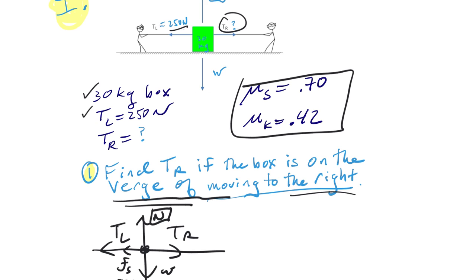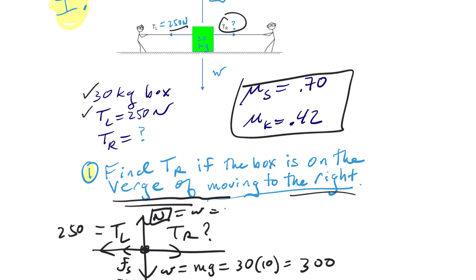So we're looking for TR. We got TL is 250, that's given. The weight is equal to the mass times g, acceleration due to gravity. So it's 30 times 10 equals 300. Normal force is equal to the weight, it's equal to 300 newtons.